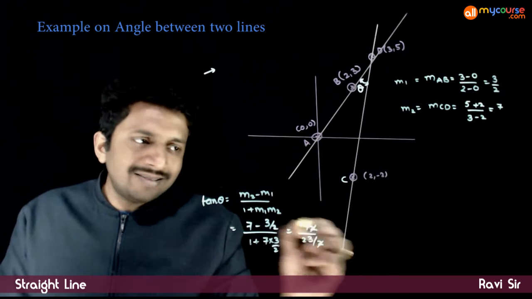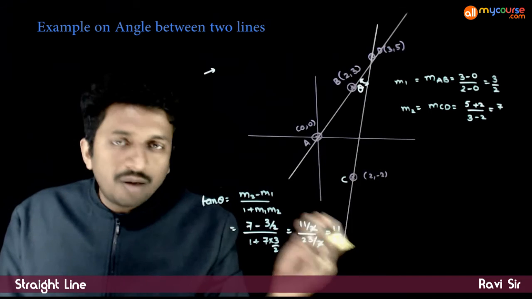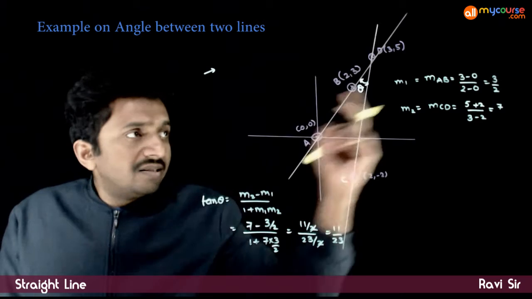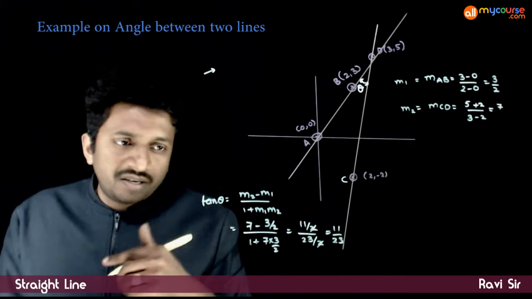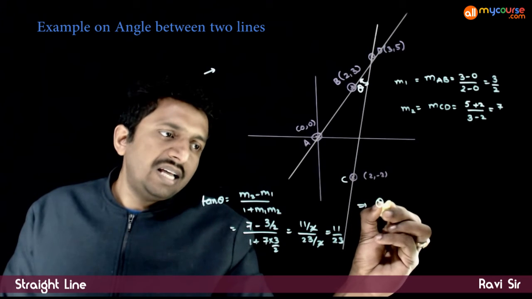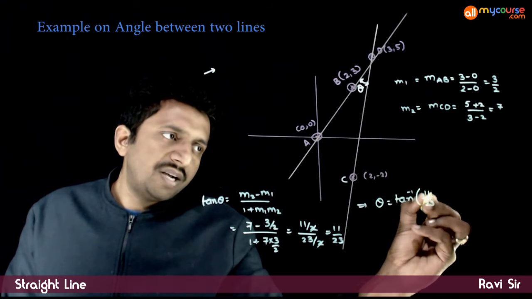This 2 and 2 get cancelled. That's equal to 11 by 23. So you got a positive number by taking this as m2 and the 3 by 2 slope as m1. So tan theta is a positive number, so theta is equal to tan inverse of 11 by 23.